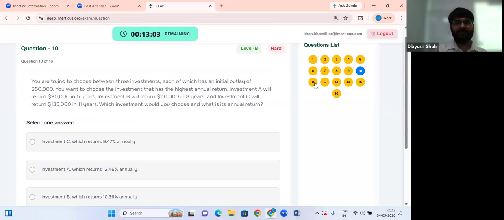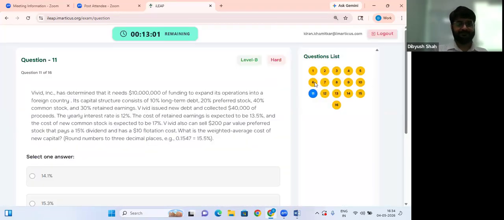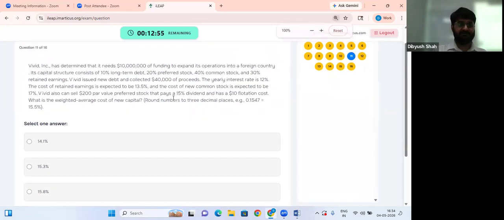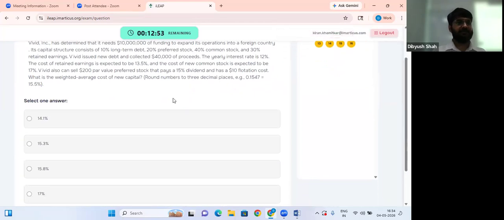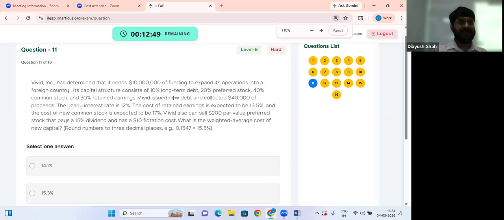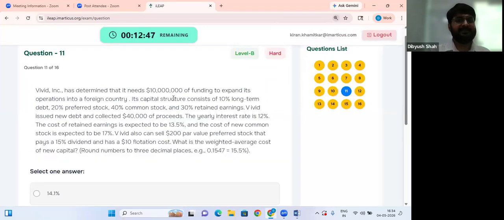No, this is something else. Again, this will be your homework, but first, understand the question. Vivid Inc. has determined that it needs $10 million. $10 million means 1 crore of funding to expand its operations in a foreign country.